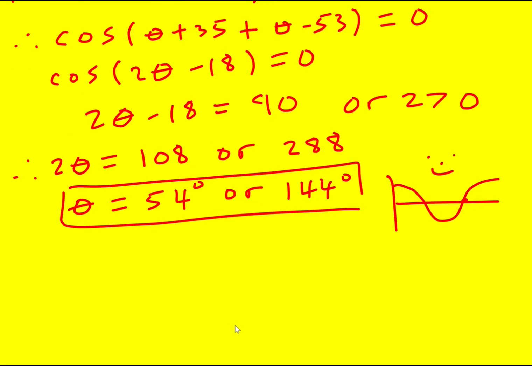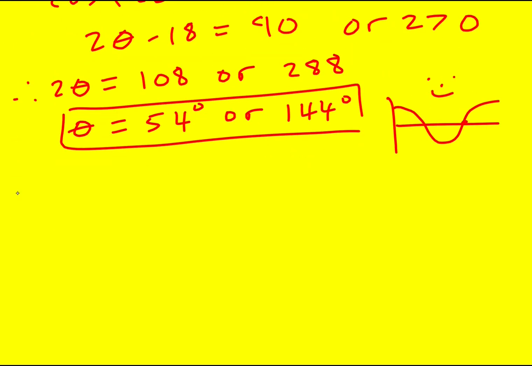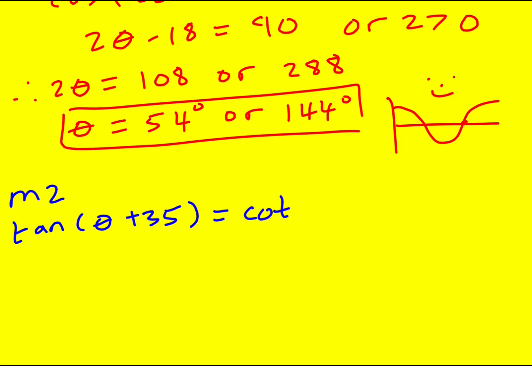Right, don't leave this video quite yet because I want to show you a second method, and it is well worth seeing. So we're going to return to tan of theta plus 35 equals cot of theta minus 53.